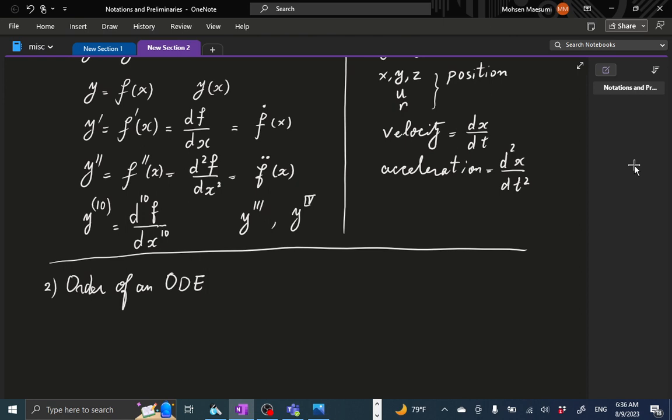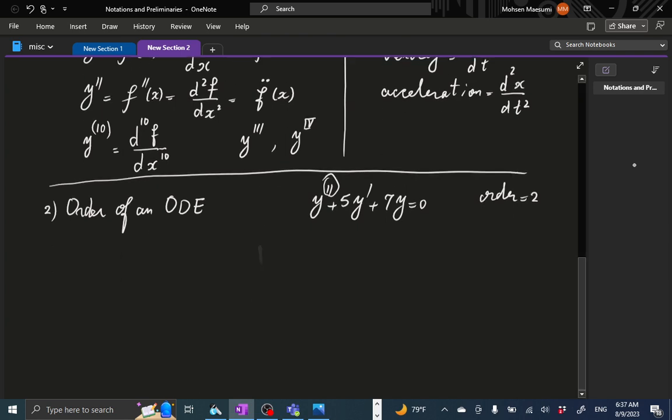So for example, if I write y double prime plus 5y prime plus, say, 7y is equal to 0. This is an ODE because it's a relationship between a function and its derivatives. Okay, what's the order of it? The highest derivative that shows up here is 2, and so the order of this thing is simply 2.